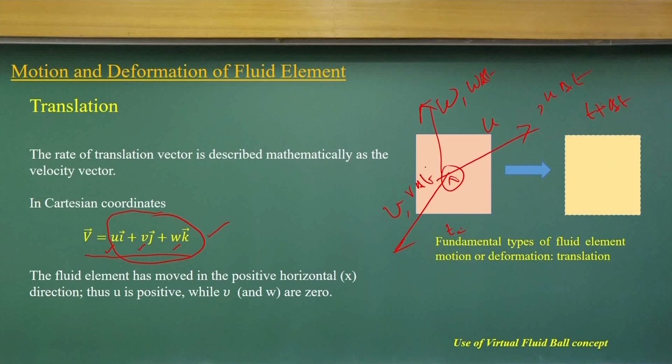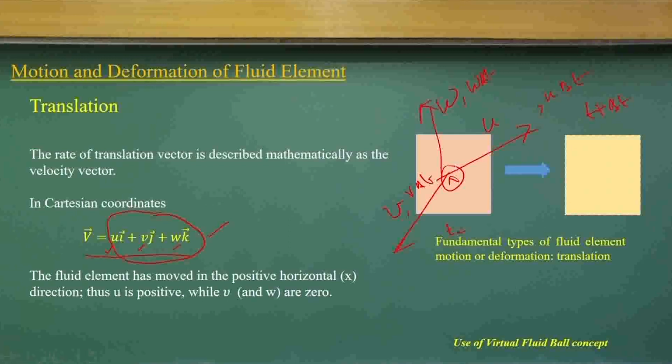So, it is a very simple thing, as you know it in solid mechanics. If a particle is moving with u, v, w, what could be the displaced position vector at t plus delta t time? It is very easy.